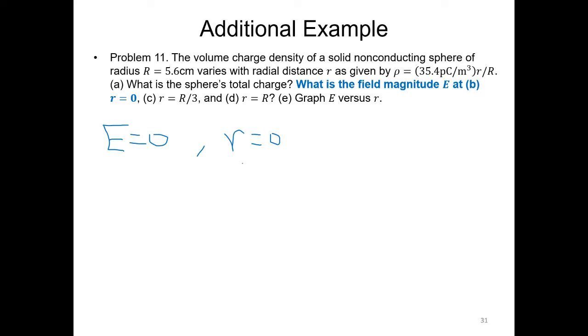You can just imagine a very tiny sphere with a radius of 0, so there should be no charge inside it, and so there will be no electric field. At the very center of the sphere, E should be 0.